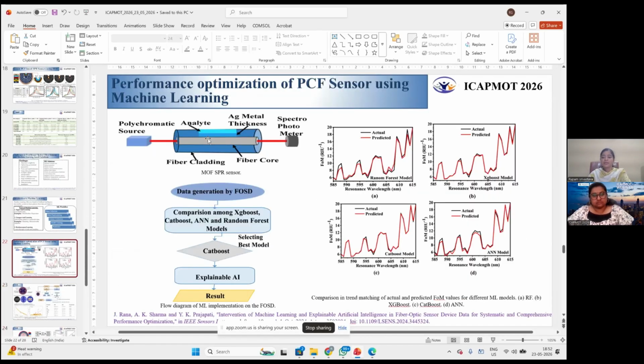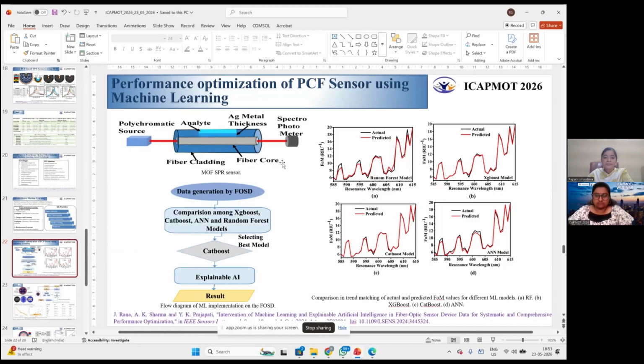Nowadays, PCF-based SPR sensors also come with machine learning solutions. So these are some reported works in the literature. The first one is about the performance optimization of a PCF sensor using machine learning.